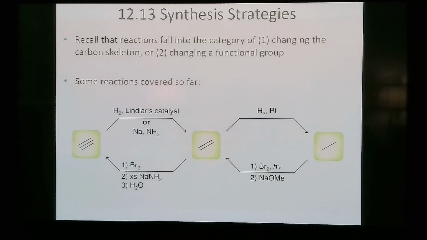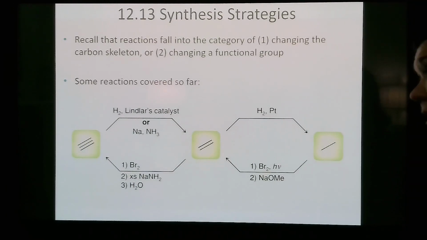Now, synthesis strategies. Some of these I have shown you already on the review sheets. It will be very good for you to review all of these by using those review sheets as I discussed with you.